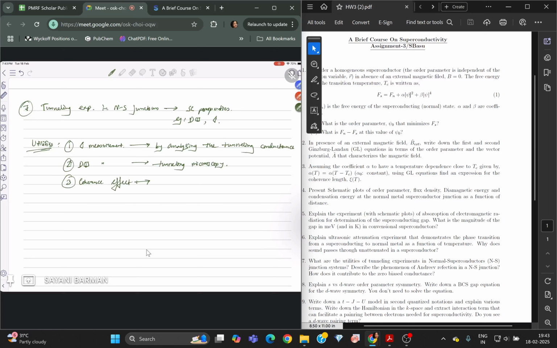So you'll do these measurements and get the data. Now from the data you can look into the conductance spectra. Its shape will tell you about the electron pairing mechanism.